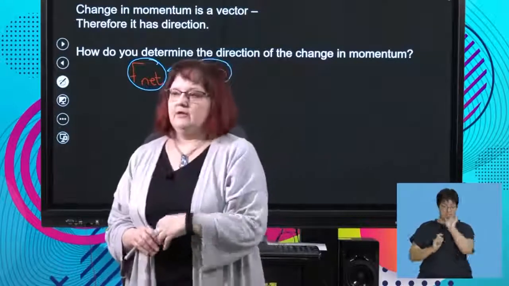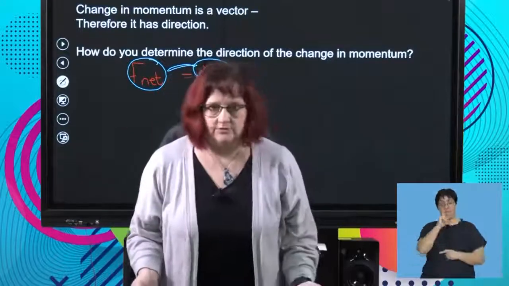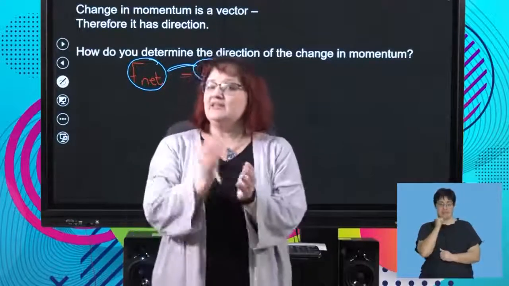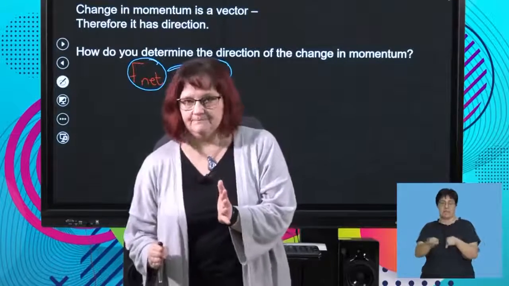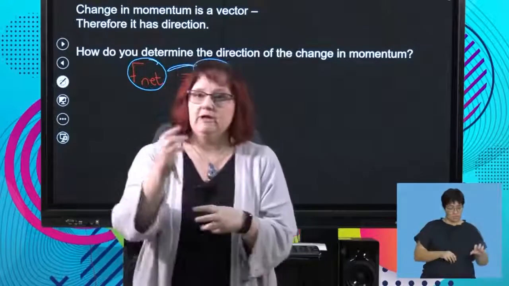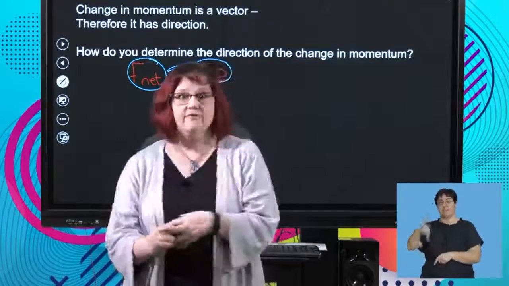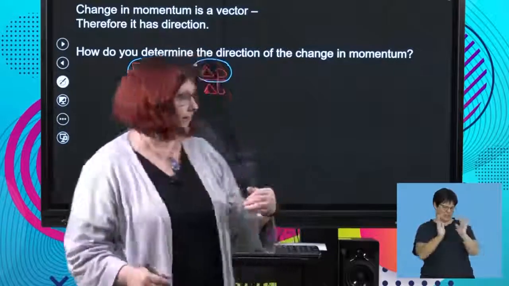If the net force is backwards, then the change in momentum is backwards. So whatever direction the net force is in, the change in momentum is the same, okay? They go together. The direction of net force is the same as the direction of the acceleration as well. We spent a lot of time on that last time, okay?